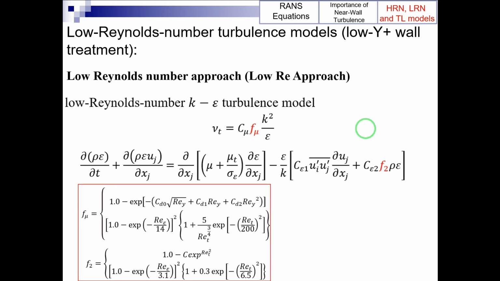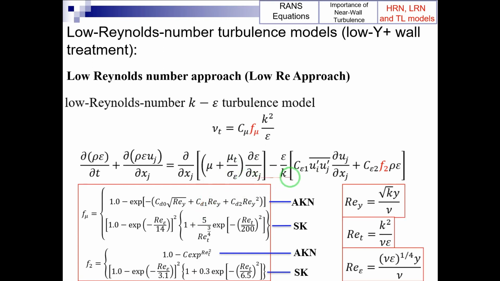Here we can see the definition of these coefficients highlighted in red for both the standard K epsilon low Reynolds number model, which is shown by SK, and the Abe-Kondoh-Nagano K epsilon low Reynolds number model, which is represented by AKN. The definition of the Reynolds numbers used in these coefficients are given here.